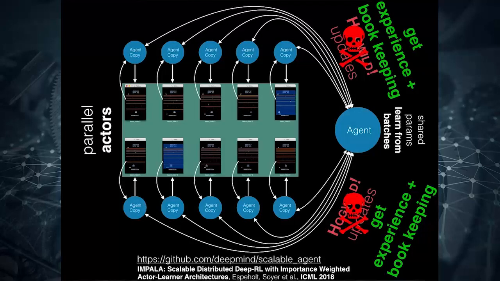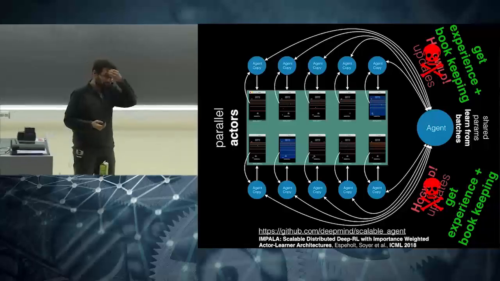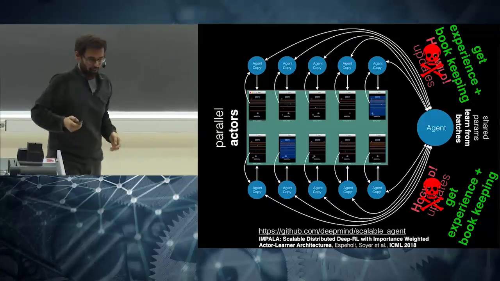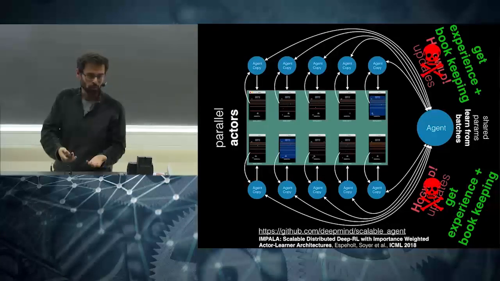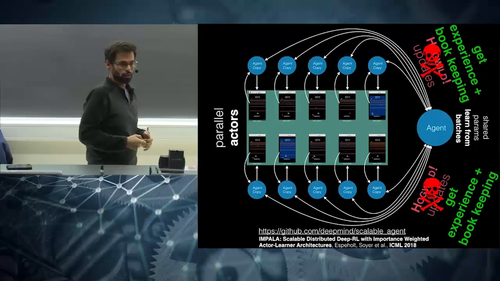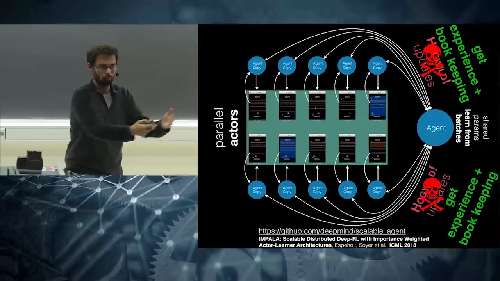But this algorithm, actor-critic methods essentially are on-policy methods. So you want the data to be from the policy that you actually have right now, and you update the policy as you go along.